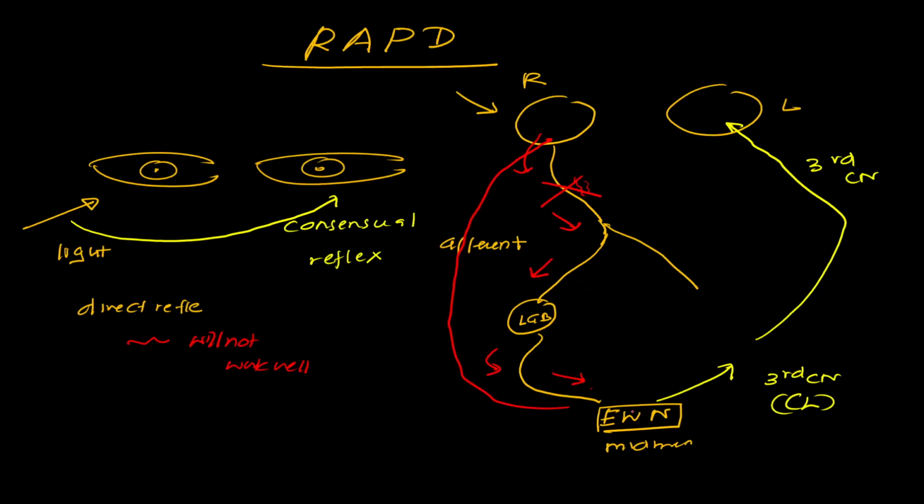And also, the Edinger-Westphal nucleus will send a better stimulus to the contralateral eye. The contralateral eye, which shows the consensual reflex, will not show that much of a constriction, but better than the eye that has been affected. Therefore, both of these will somewhat constrict, but the constriction is greater in the unaffected eye.